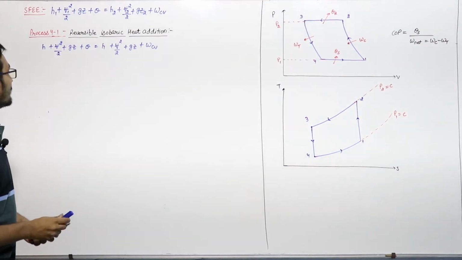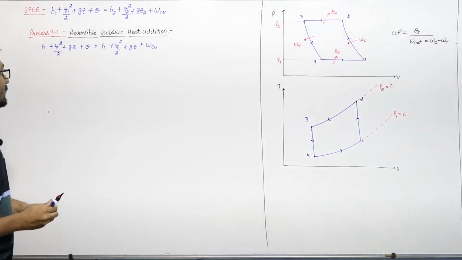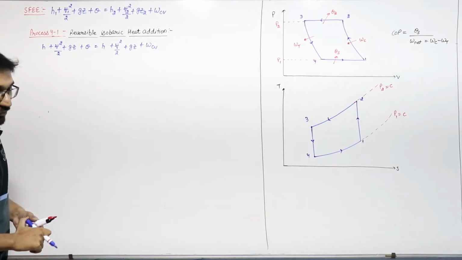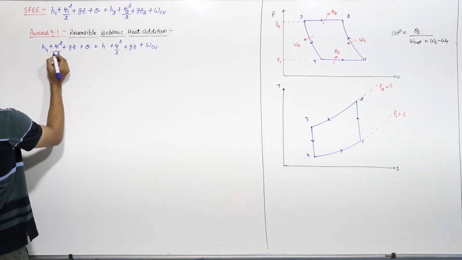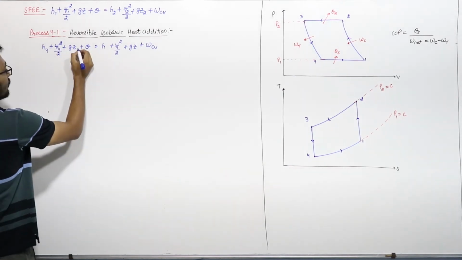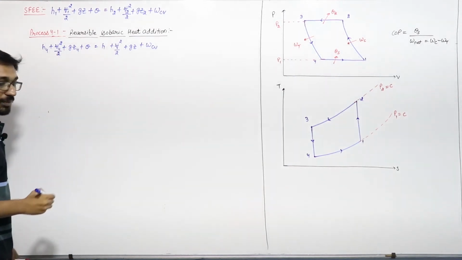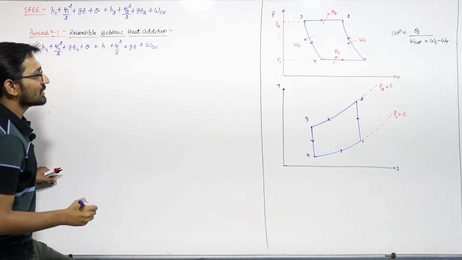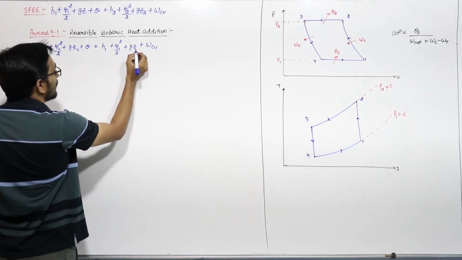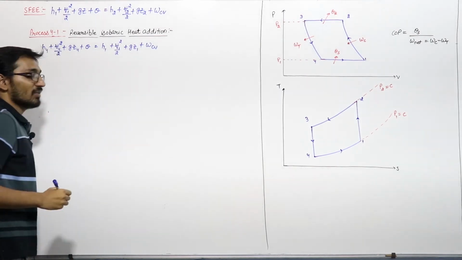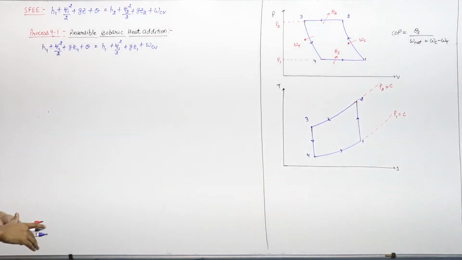Now if I apply the steady flow energy equation for this process 4 to 1, this will be equal to H4 plus V4 square by 2 plus GZ4 plus heat added to the system is equal to H1 plus V1 square by 2 plus GZ1 plus WCV.